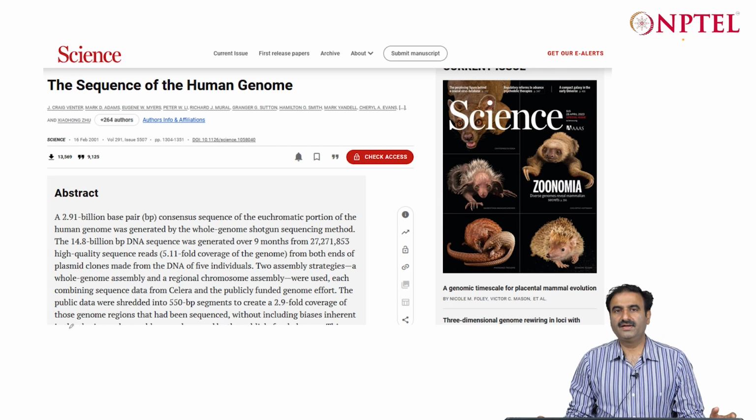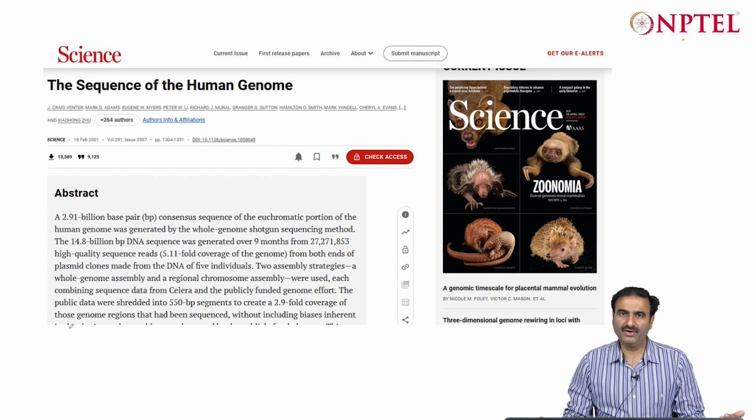So before that, the most important achievement to deal with human health was the beginning of the human genome project that began almost in 1995, and the first draft came in 2001, where a good draft level sequence of all the human chromosomes was available.